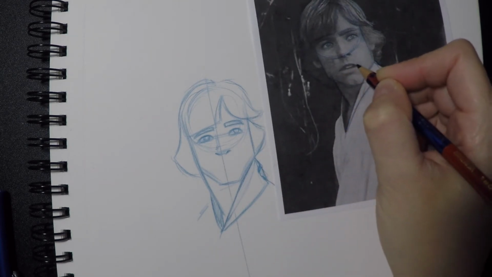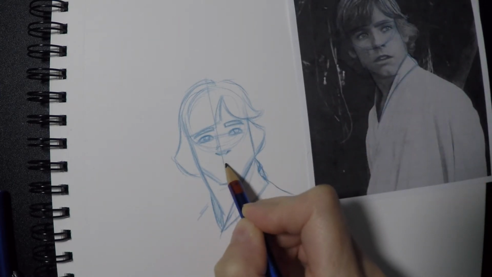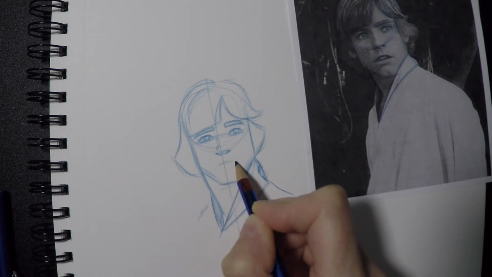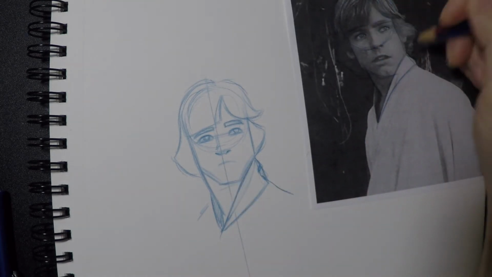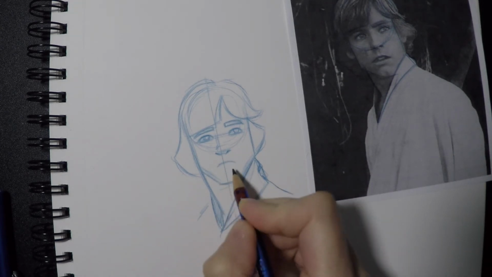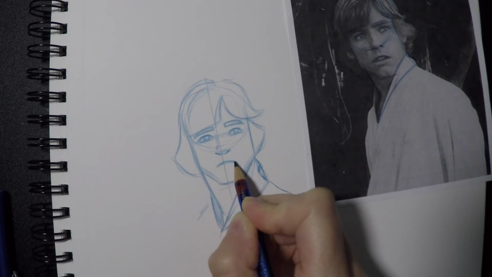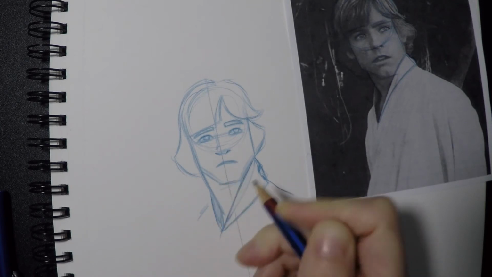And again, it has this kind of curved shape on top and a flat shape on the bottom. So, and then pay attention to approximately how wide it is. It looks like he's talking right now, so it's a little bit open.